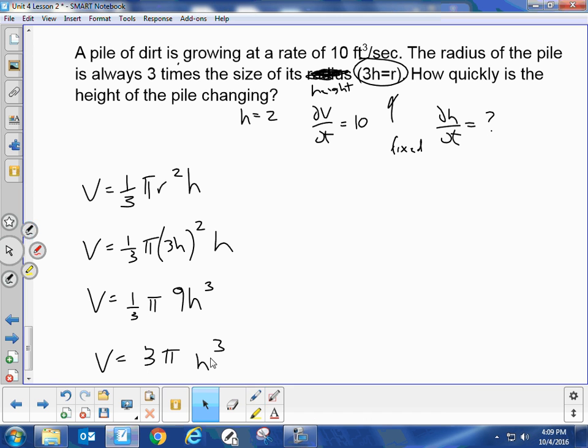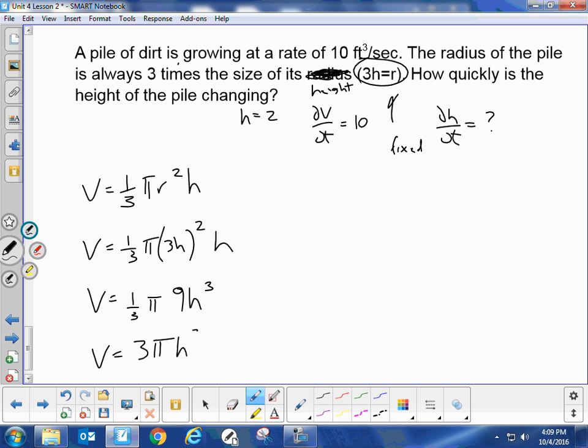We just get 3 pi h squared, h cubed. Well, if you take the derivative of this, you will be able to plug in your information and find dh/dt. That's important: we want dh/dt, so we need to have h's in our formula.